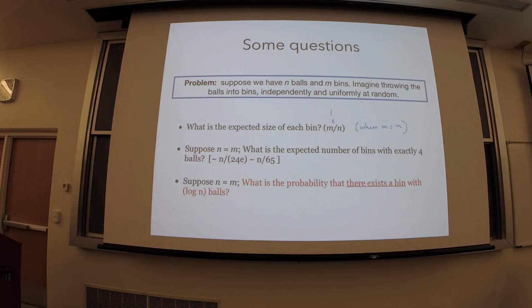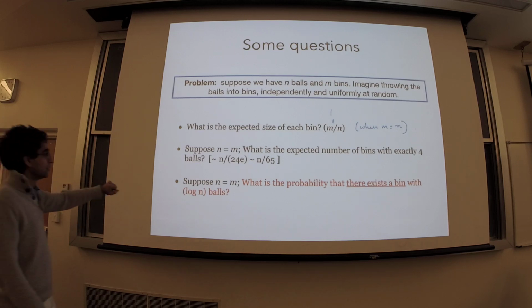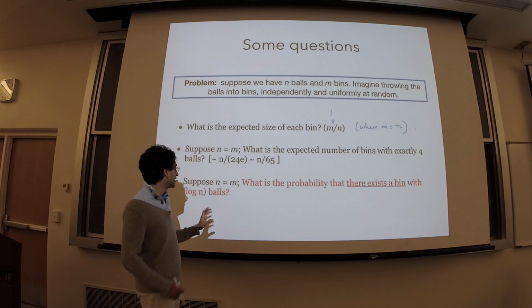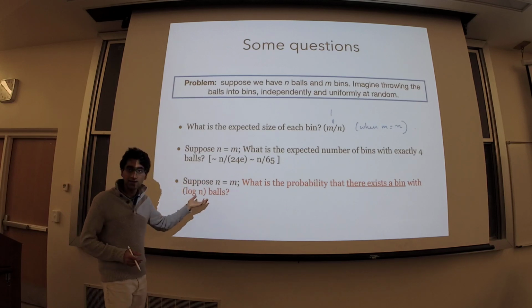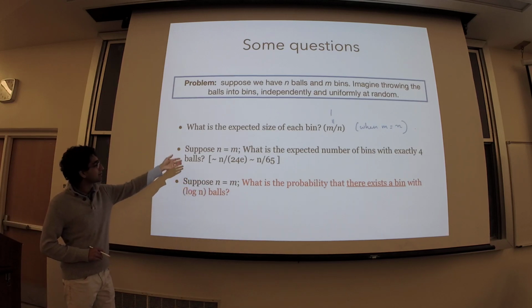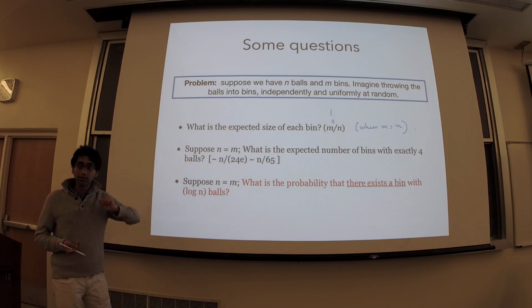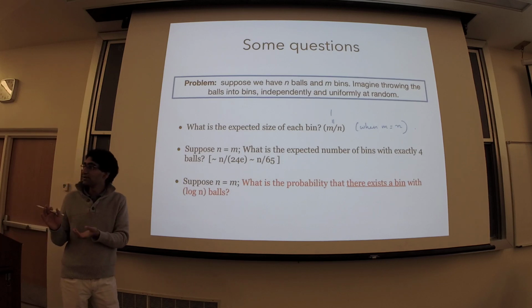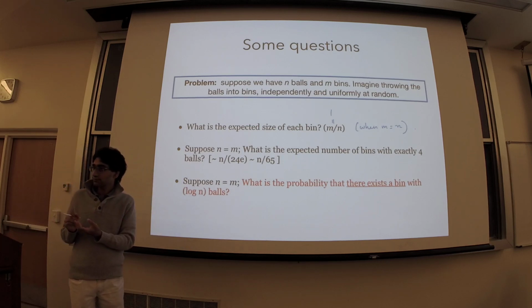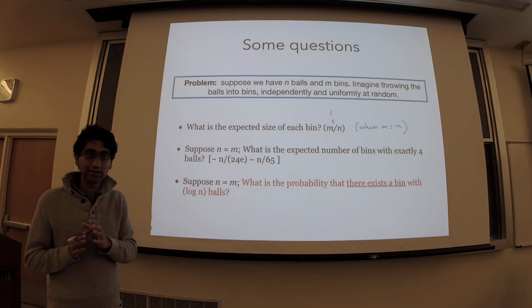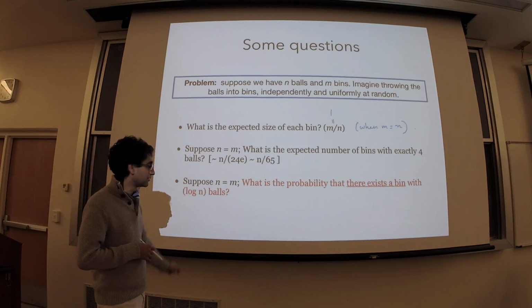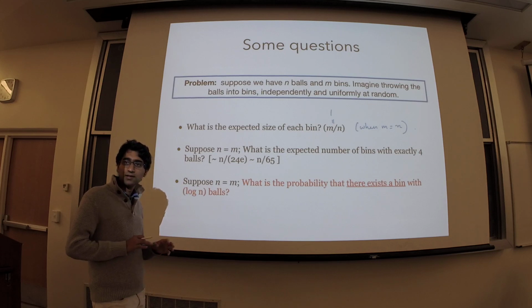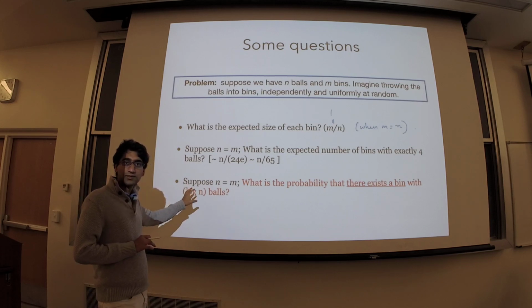So, right. And so today we want to see a generalization of that. We want to ask, what is the probability that there is a bin with lots of balls? What we're saying is that it is pretty common to have bins with 4 balls. Maybe it's common to have bins with lots of balls. So could this happen? Right. So that's what we want to see. So any questions about what we are trying to see?